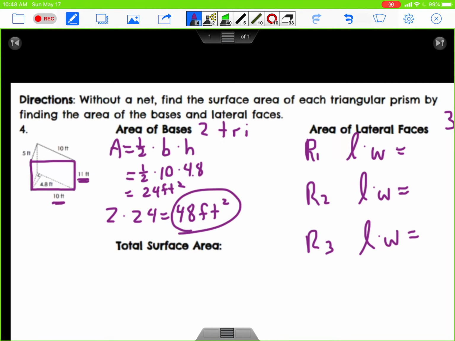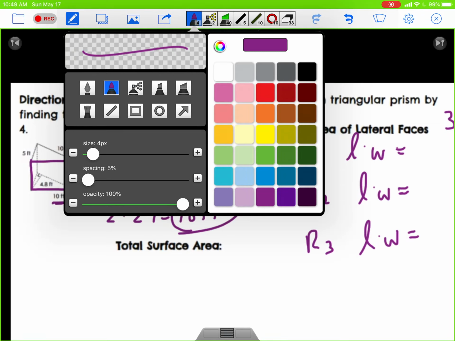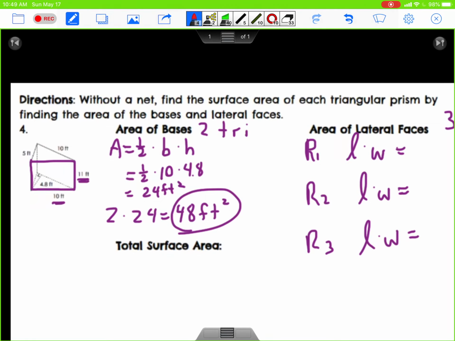Once again, for some reason the rectangles are hard to see for some people, especially the ones in the back of the shape. Take it slow, outline if you need to, see what side you're talking about. For this first rectangle, the only side lengths that are part of this front rectangle are this bottom here and then this right side.